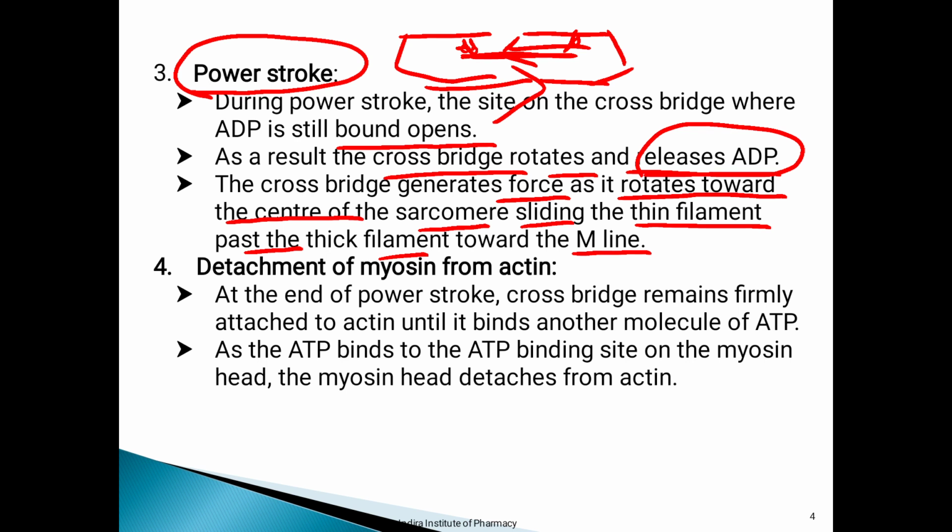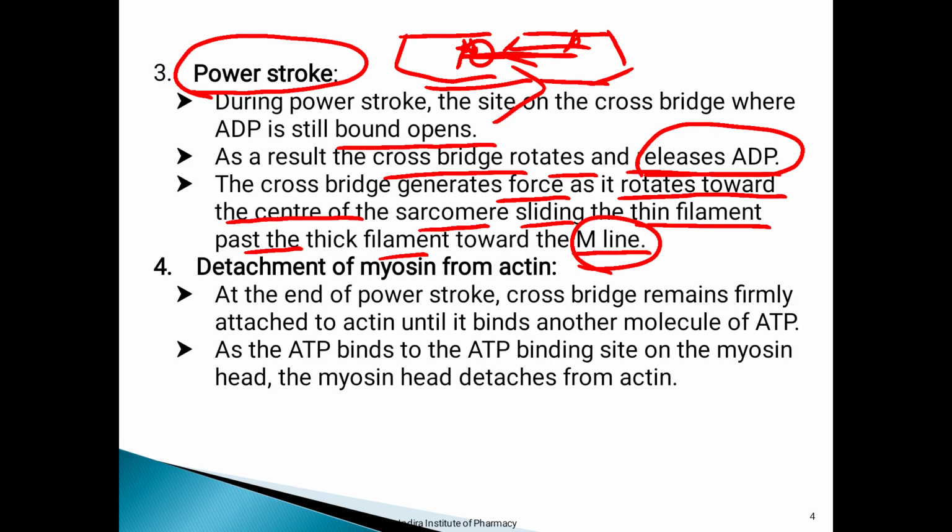So the left side myosin heads are bringing the left side thin filament towards the center, that is towards the M line, and the right side heads are bringing the thin filament of the right side towards the left side. So they are sliding over one another, that is, sliding the thin filament past the thick filament.